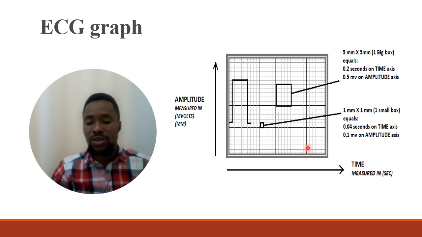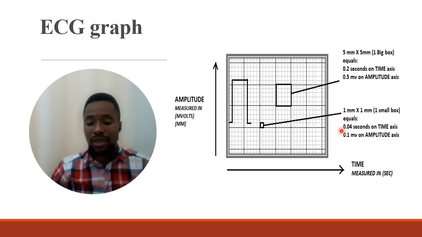So what is the value of one small box? If 25 is 1 second, that means you say 1 divided by 25, and that will give us 0.04 seconds. Look at it here, 0.04 seconds.